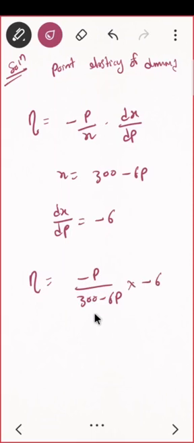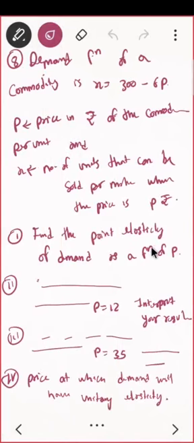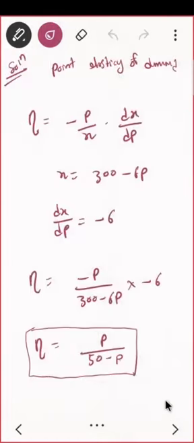If I take 6 common, the minus minus cancels, so nu equals p upon 50 minus p. This is the first part, elasticity in terms of price. This is done.